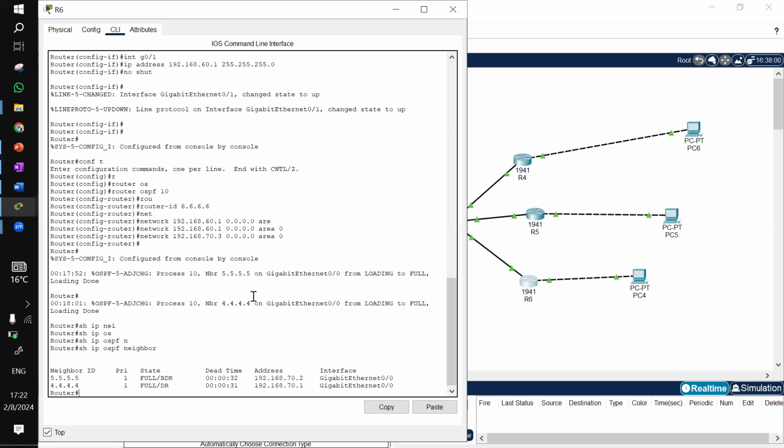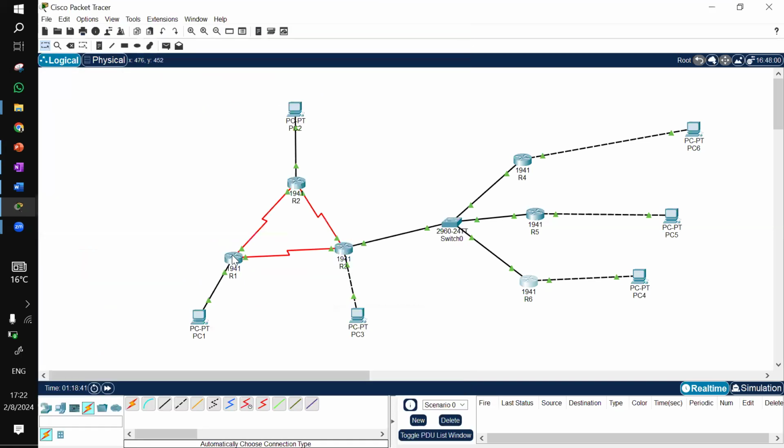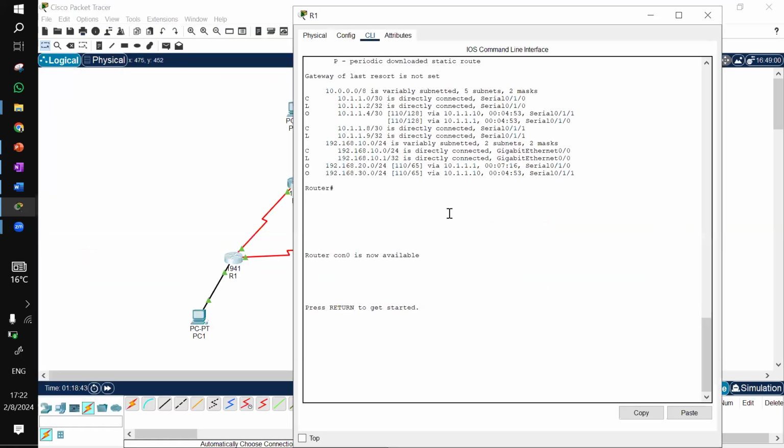Right. Here, my neighbors, I'm from R6. My neighbors are R5 and R4. Right? And the difference between multi-access and point-to-point, you can see in the state there is full BDR, full DR. In the show neighbor here, I don't have full DR and full BDR.